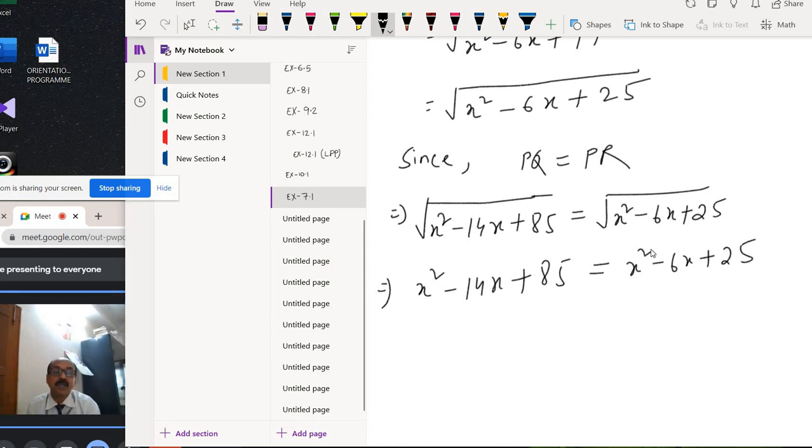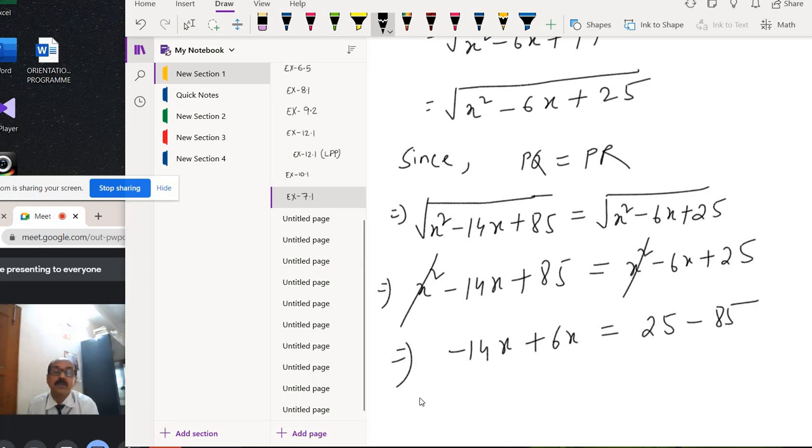From both sides x square cancels. So minus 14x plus 6x equals 25 minus 85. It will be minus 8x equals minus 60.